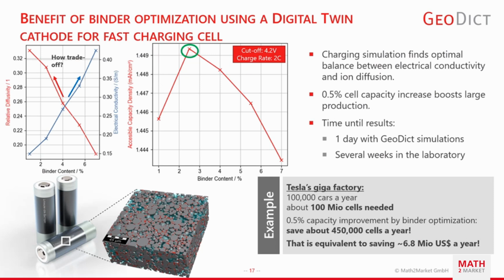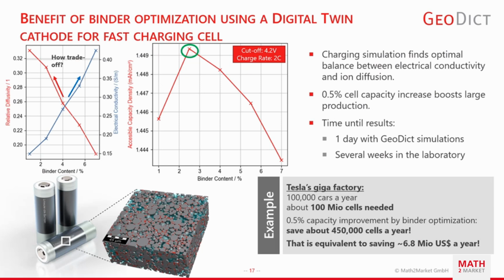But if you think you have a large battery factory, for example, Tesla has the gigafactory close to Berlin, and there they produce 100,000 electrical vehicles a year, and they need about 100 million cells for all these electrical vehicles.